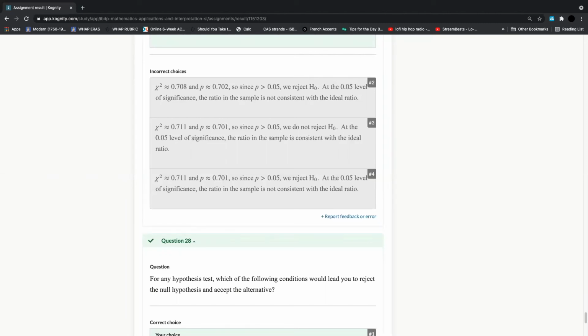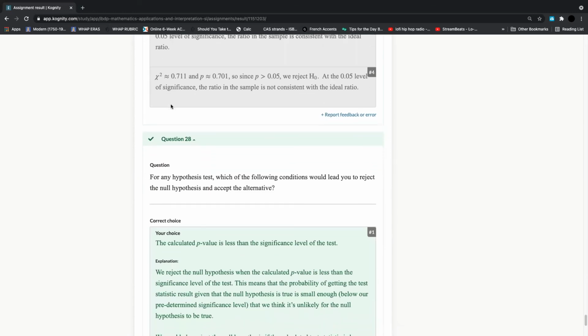And if the chi-squared statistic from our calculator is greater than the critical value, then that also means that the relationship is significant, which means we also reject the null hypothesis. Now we will look at the answer choices.